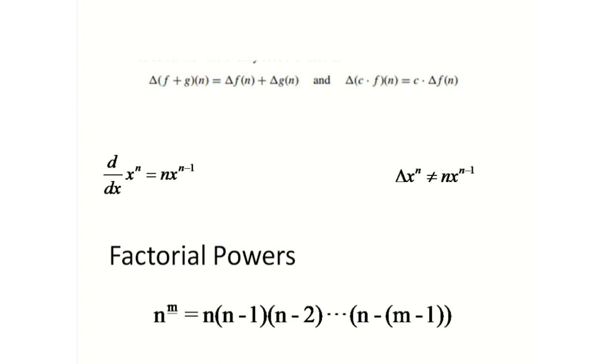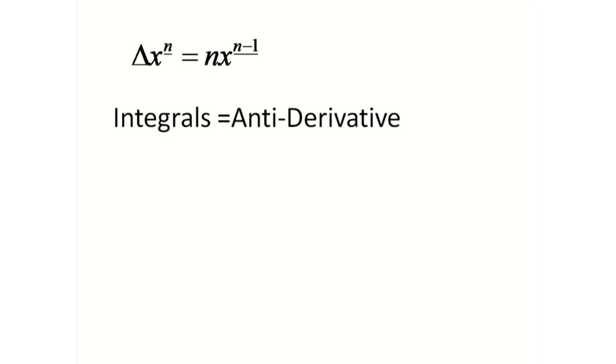For factorial powers, we underline our superscript, which is m, and we can define our power rule for finite calculus using factorial powers: the difference of x to the factorial power n is equal to n times x to the factorial power n minus 1.